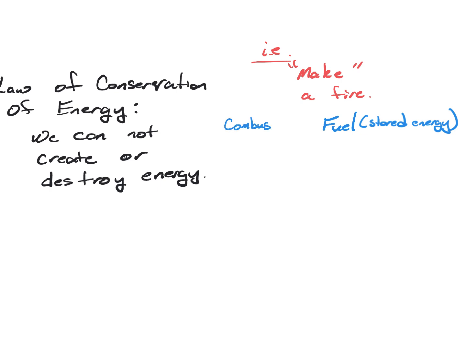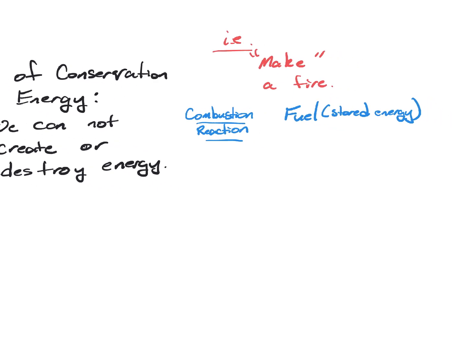You've heard of this word? Combustion reaction? It's okay to say no. No? Okay. So a combustion reaction is anytime you have a fuel and you add it, let me do it the way they do it, you add it to oxygen gas. Where are we getting oxygen gas?